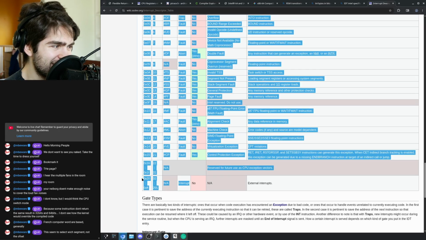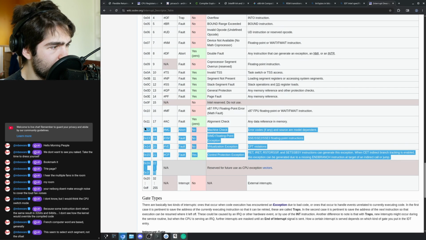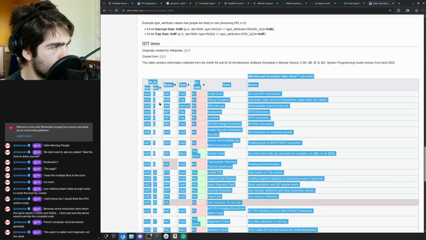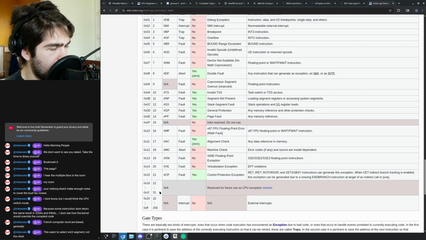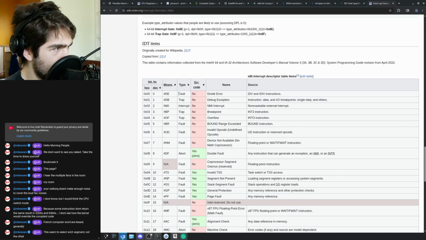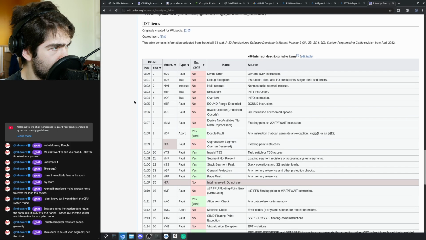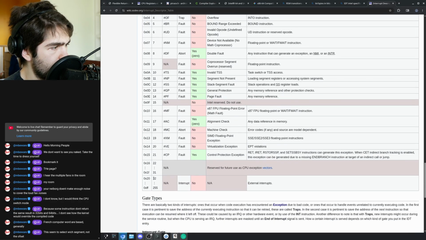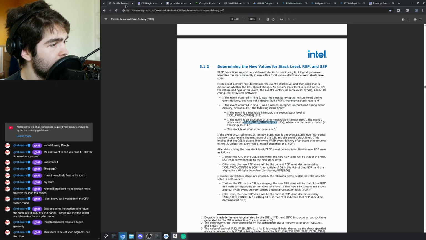That looks like it. So for everything in this special place in the IDT, FRED now has specific handling where you need to specify the stack level at which it can be run, while everything else you just assume is an external interrupt, so it's handled in the same way. So that's why it assumes 0. All right, that makes a lot of sense now.